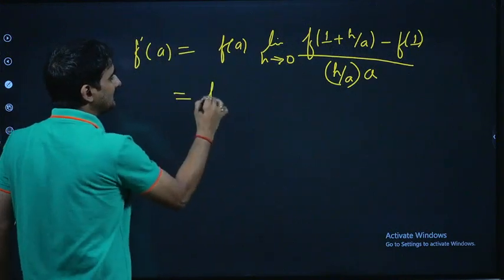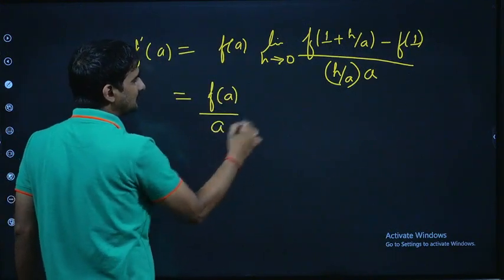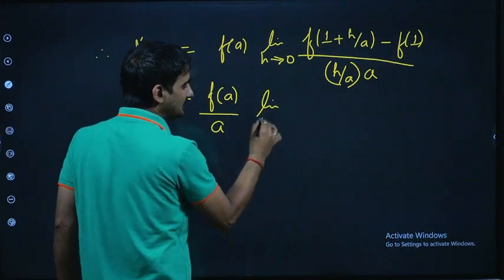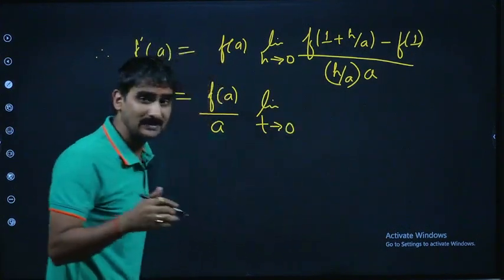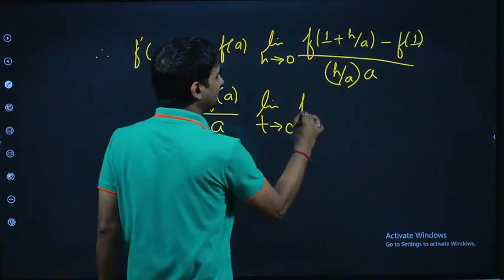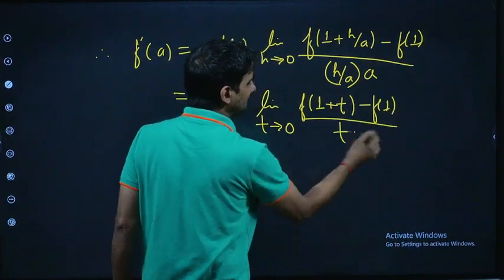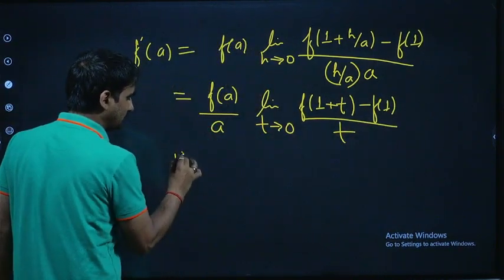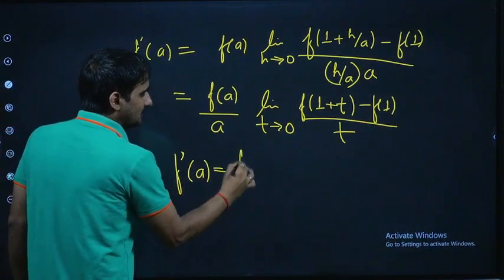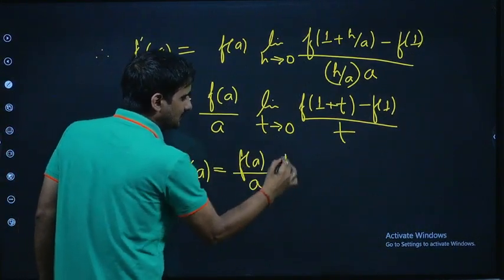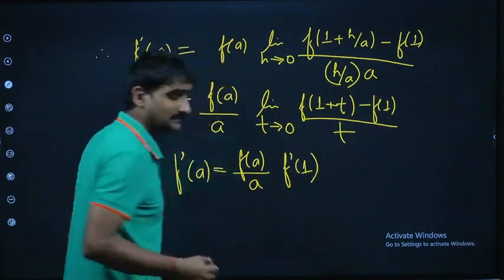From the denominator also I will take out a, and let us say h by a is t, the new variable. So it's f of 1 plus t minus f of 1 over t, and this is nothing but f dash 1. So f dash a is f(a) by a into f dash 1, which is given to be 1.